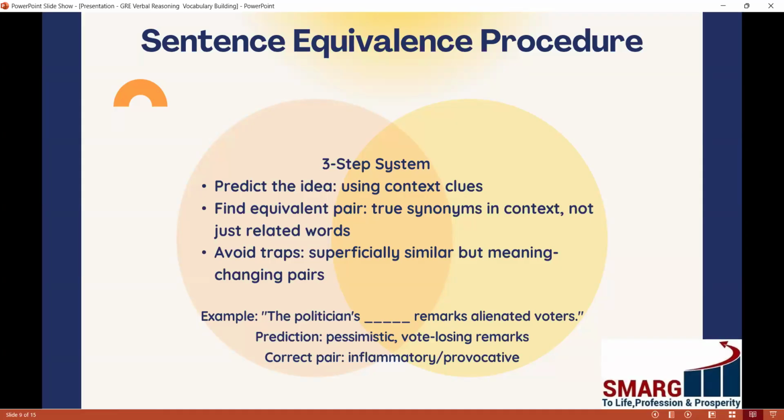The alienation, the voters, the politician, all of it now has reduced, and I'm simply looking at what is that word that would go well with remarks and would complement it the way the sentence intends to do it. And hence, then I make my informed choice.